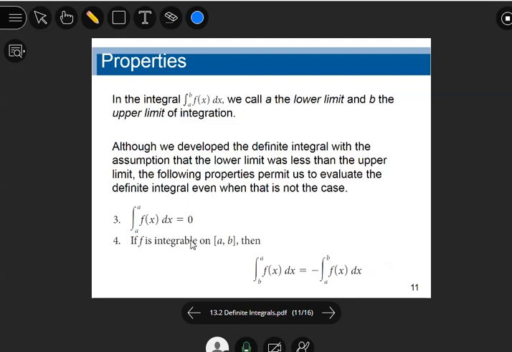So these are also two main properties. Especially, if we change the lower limit and upper limit, I mean we change a into here and b into here, then we have to put a negative sign in front of the integral.